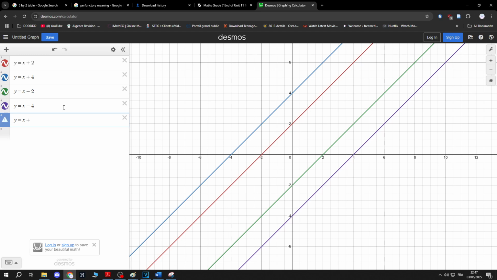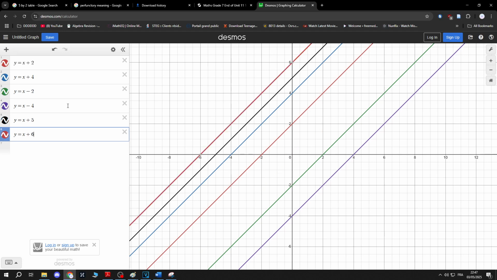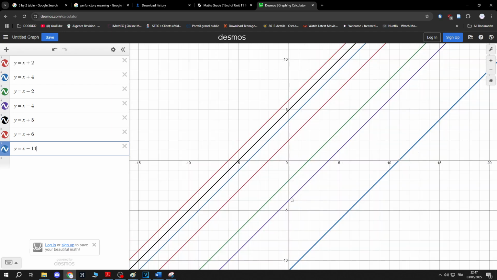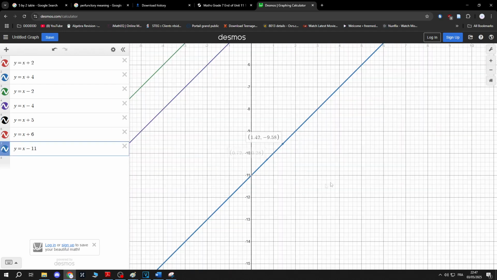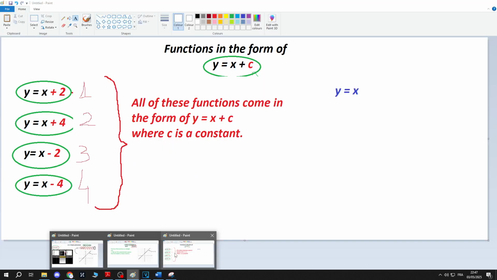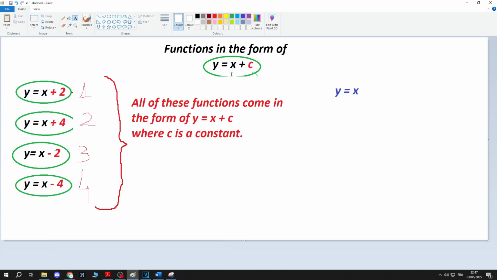Where would it cross on the y-axis? If your answer was 5, then you're right. It does cross through 5. If it's x plus 6, same thing. If it's x minus 11, well, if I zoom out, you will see that it does actually cross minus 11. So this is the final thing that you need to know about functions in the form of y equals x plus c.